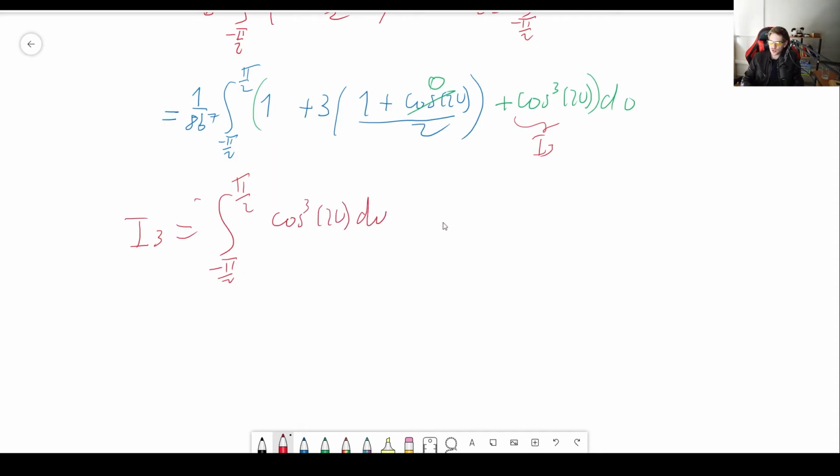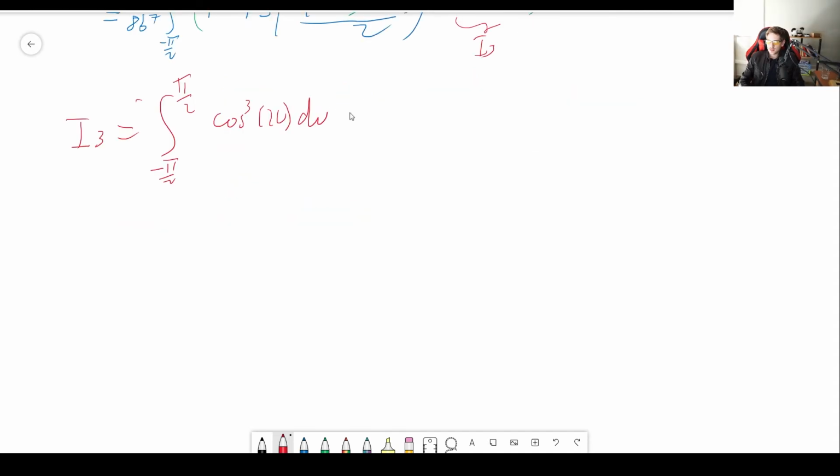Okay, so how do we solve an integral like this? Now we could do the same thing, using that formula for cosine squared. But I personally think that it's a bit better and a bit easier to write this as cosine of 2u times, again, cosine squared, but this time use a different formula: 1 minus sine squared of 2u, and of course the du.